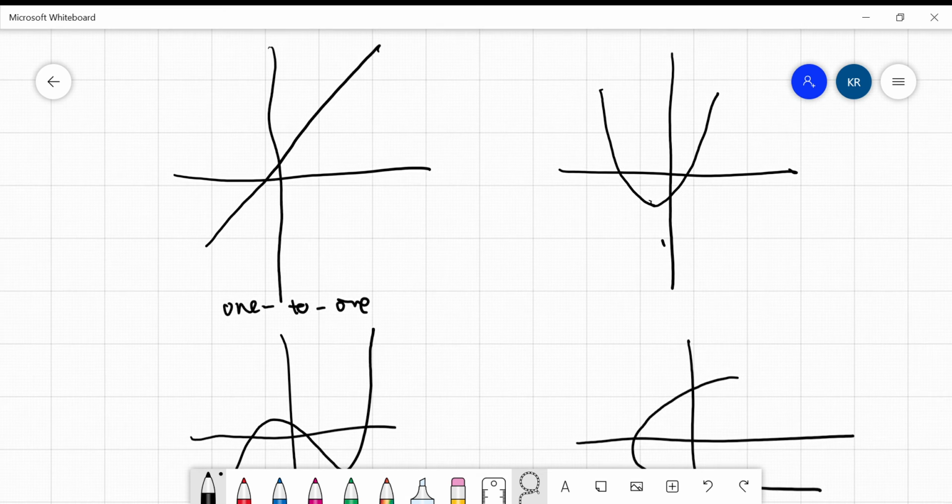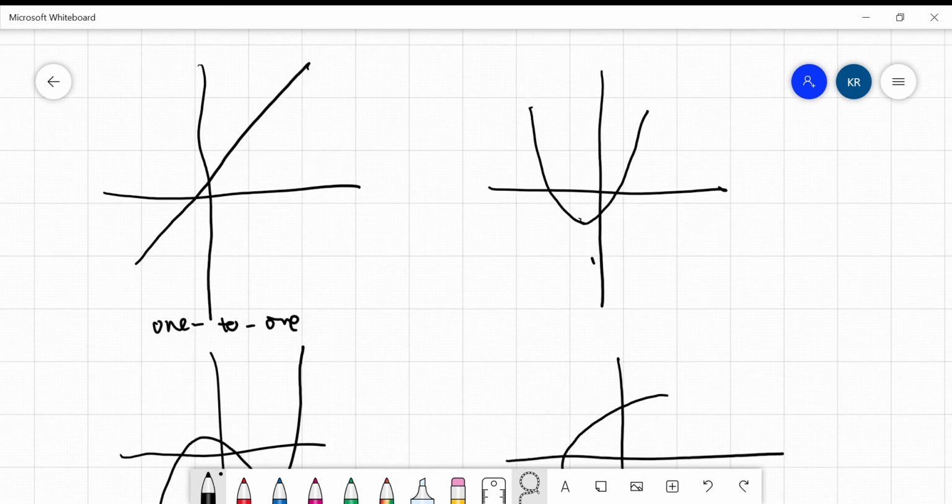Now let's look at the second one. So we can see that for each input x, there's only one output y. So it is a function. Now let's see if it is one-to-one or many-to-one. So if we just take any point y, so let's take this point y.